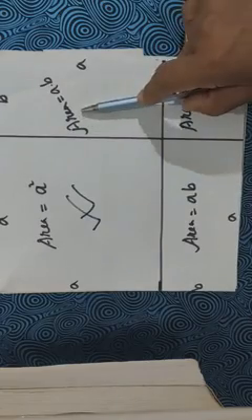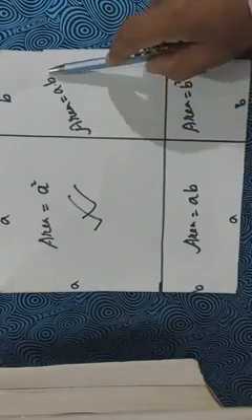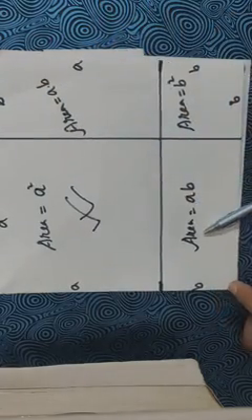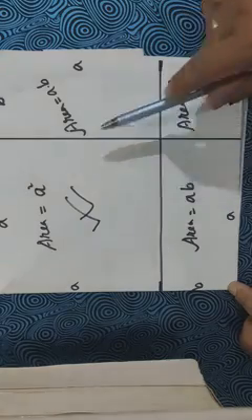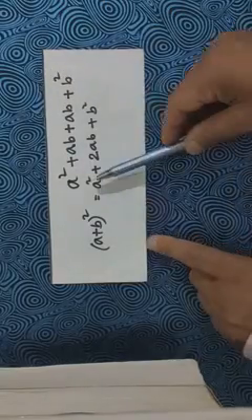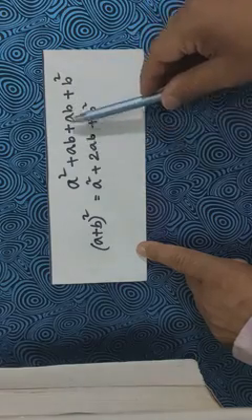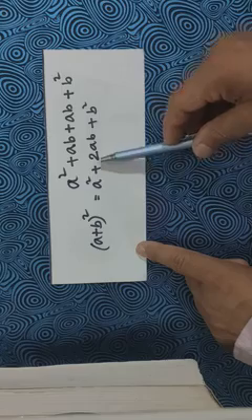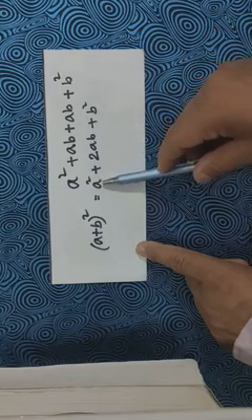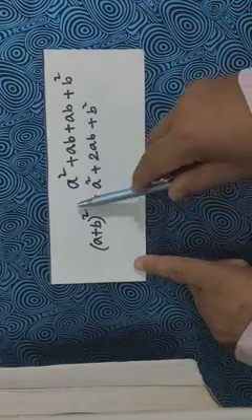Similarly, for the rectangle, if the length is A and breadth is B, then the area will be length into breadth, A into B. For this rectangle also, the area will be A into B. After that, you will add all these areas to obtain your formula: A square plus AB plus AB plus B square, because there are 2 rectangles with the same area AB each. So adding them, you will get twice AB. So it will give you the formula A square plus twice AB plus B square, that means A plus B whole square.